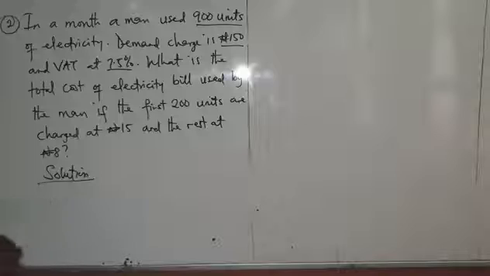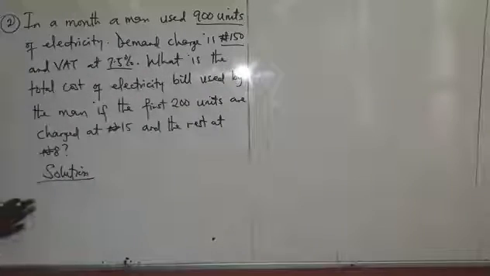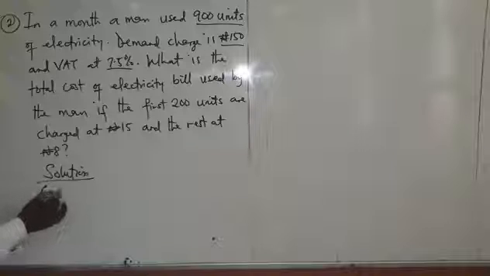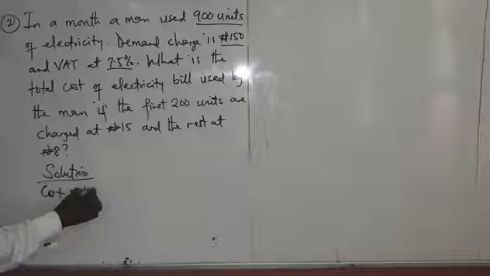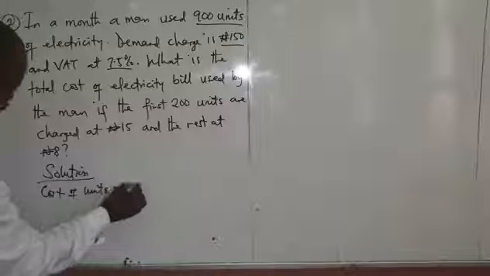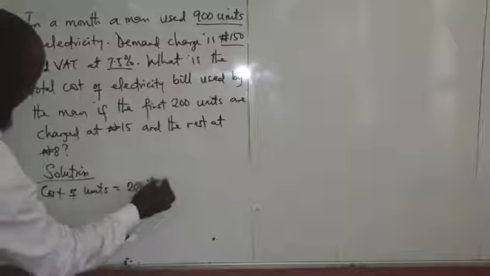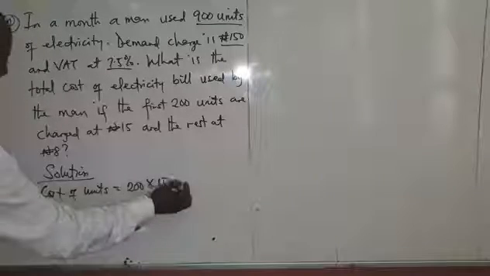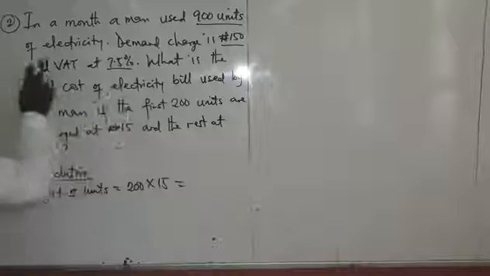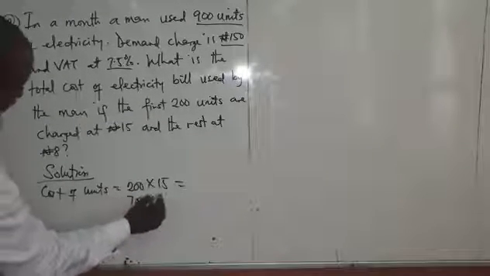It's very simple. First, let's calculate the cost of units. The first 200 will be 200 times 15. Then for the rest, out of 900 you are going to have 700 left, times 8 naira.